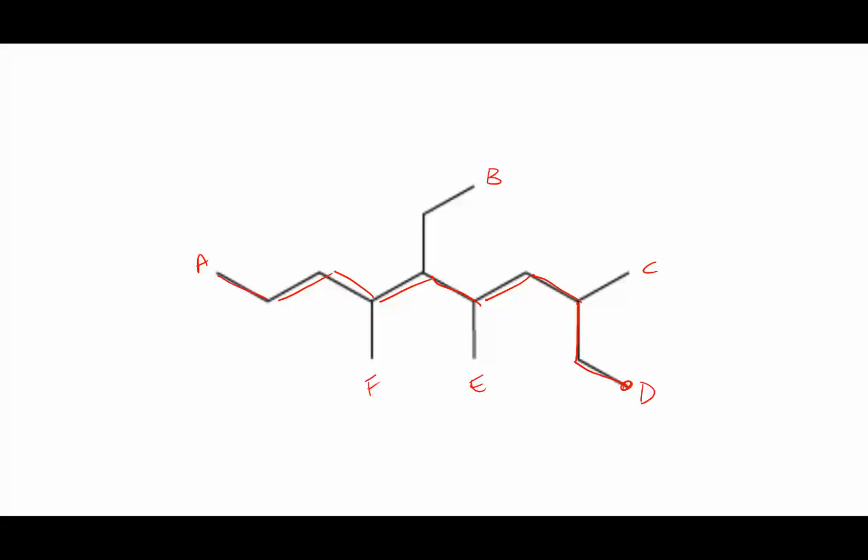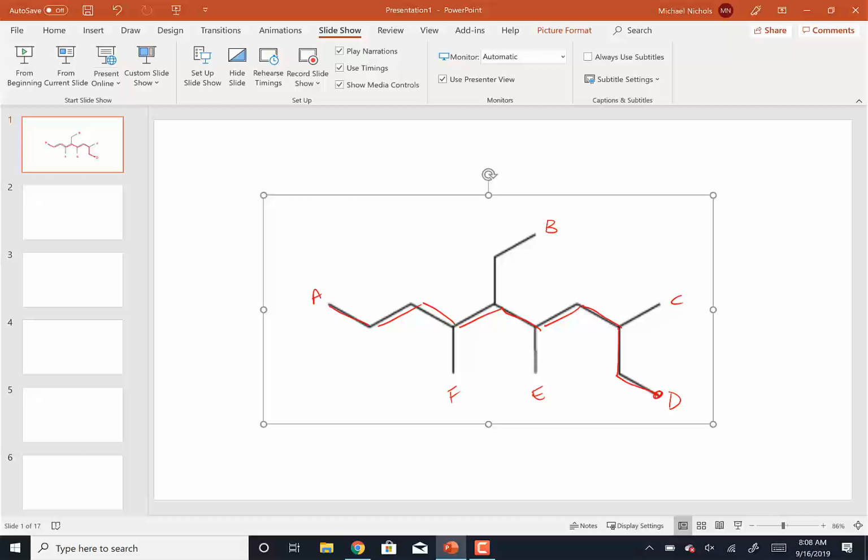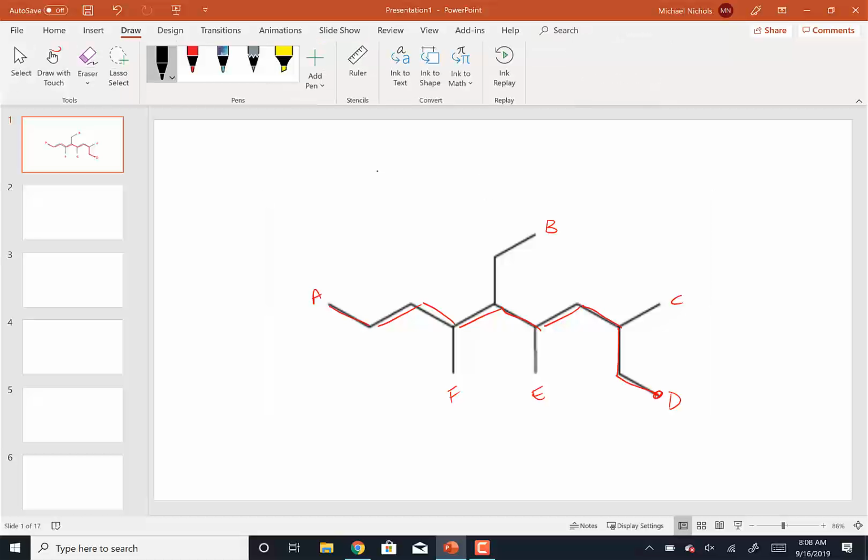There are some hints I can give you. I work from left to right when I'm looking for the longest chain, and I usually circle. I'm just looking for the longest chain, not doing numbering. So I would go 1, 2, 3, 4, 5, 6, 7, 8. When I get to this point, I can go 9 or I can go 9 and 10.